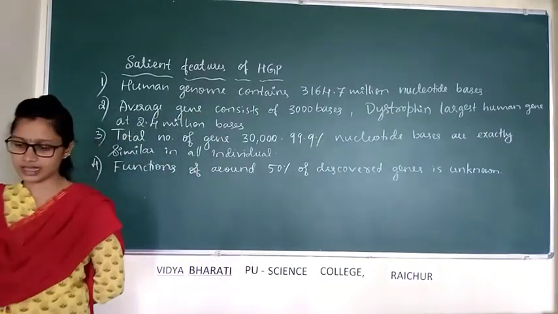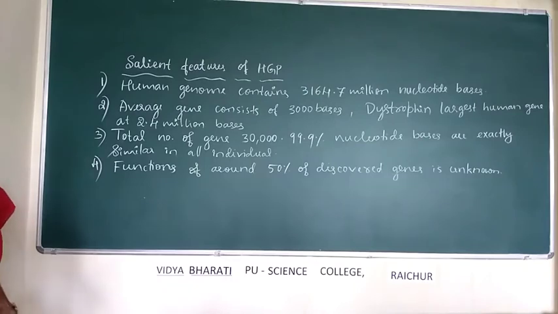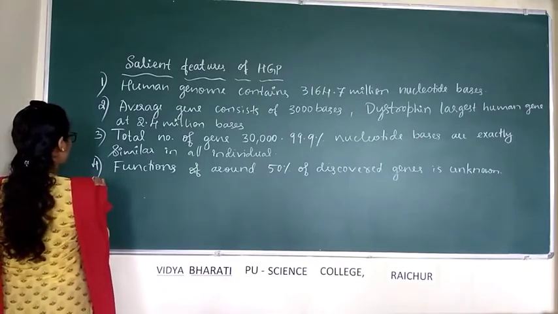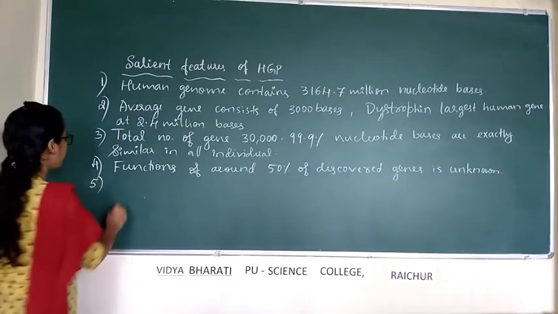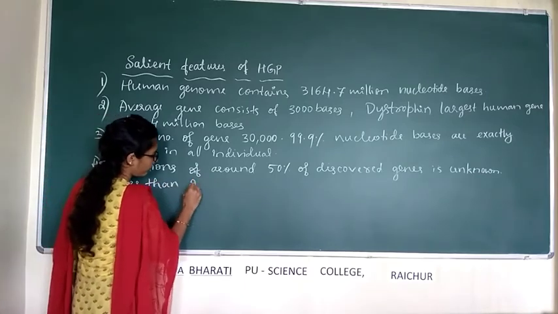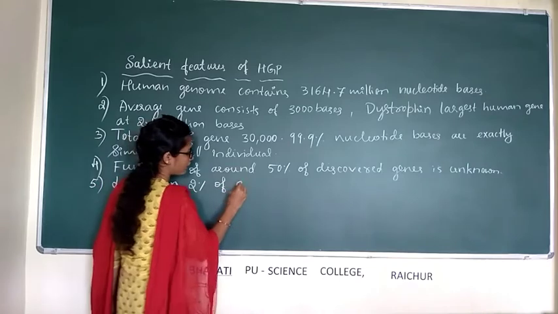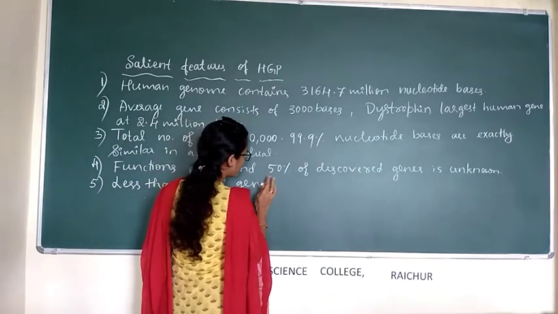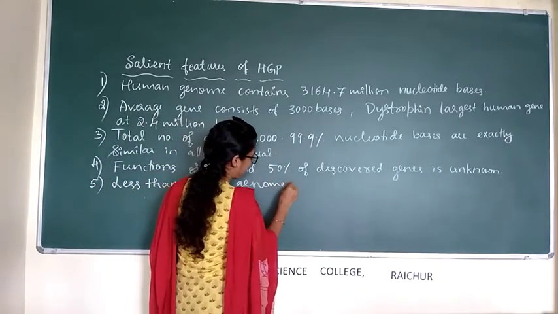This is another salient feature. Then less than 2% of the genome codes for protein.